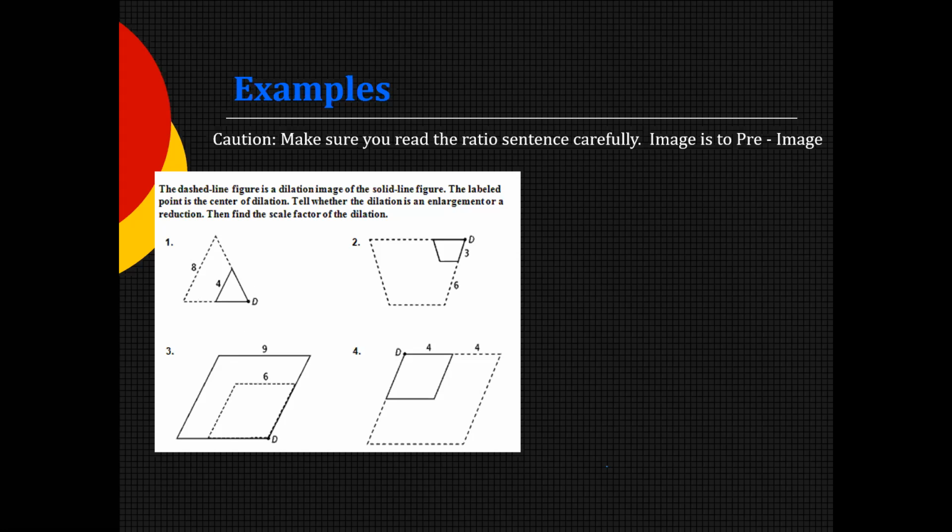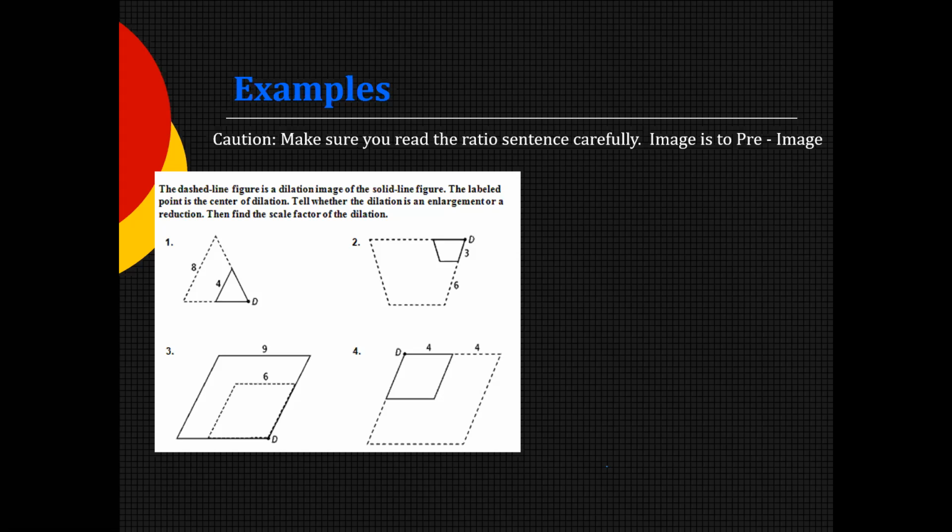What are you dividing? 8 and 4, the image divided by the object. So 8 divided by 4 is 2. Very good. When you multiply 4 by 2, you get 8. So our scale factor in that case is 2.